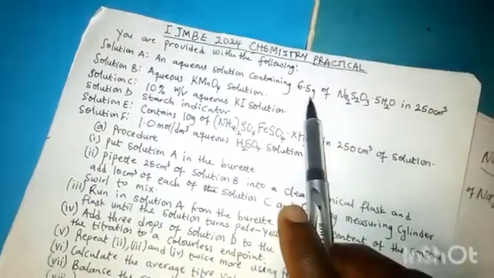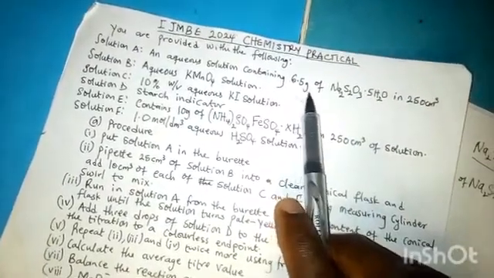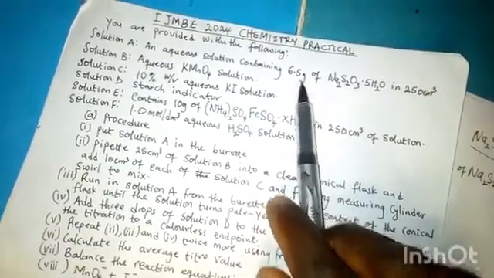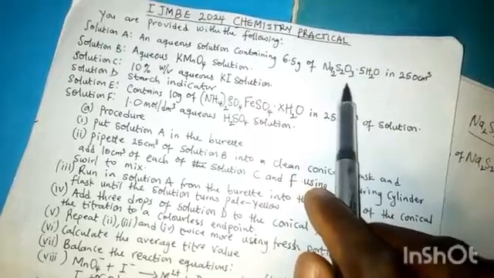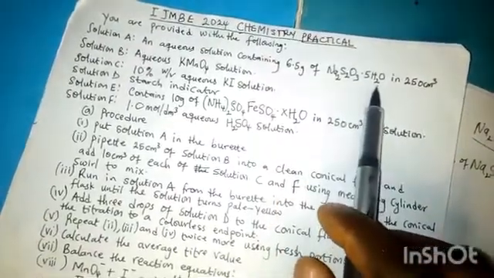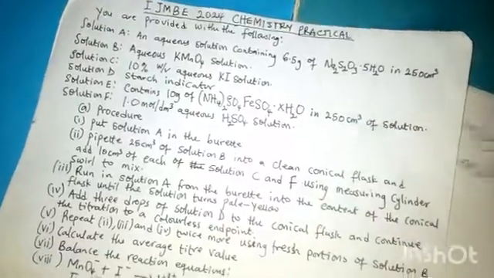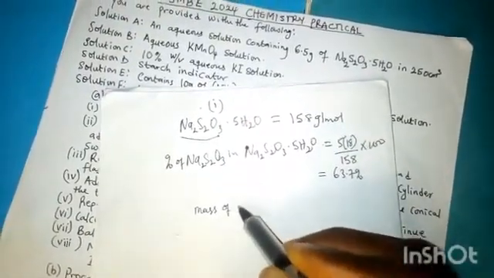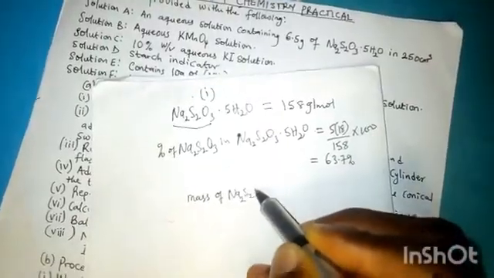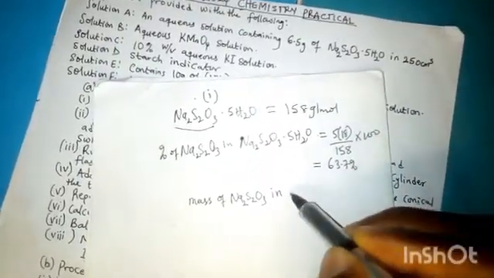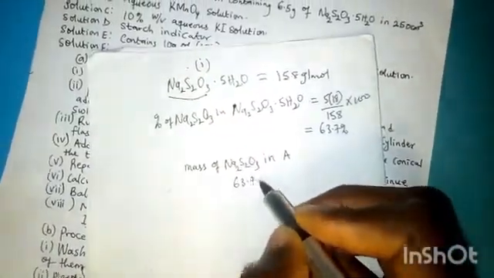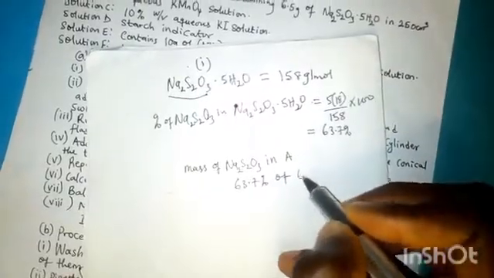So with what I have here, it means from the mass of sodium thiosulfate measured, from this 6.5 gram that was measured in 250, only 63.7% of it will be anhydrous. The rest of the mass would be water of crystallization. So what I got to do here is to calculate the mass of Na2S2O3 in solution A, and that will be 63.7% of 6.5.